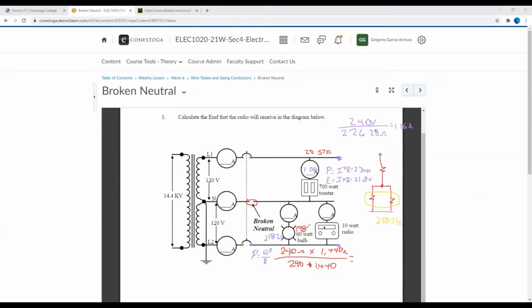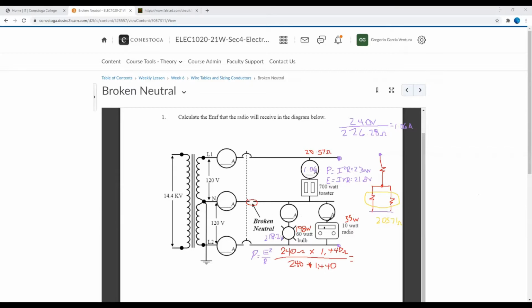So that light bulb will surely burn. And the amount of watt output that we would have on this one is 33 watts. Well, of course, the radio won't be able to do that, so it will just burn out right away.